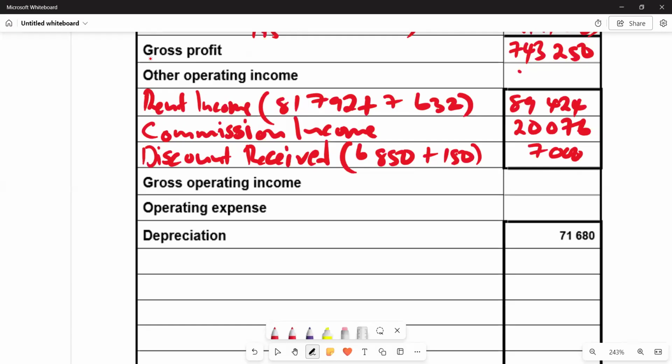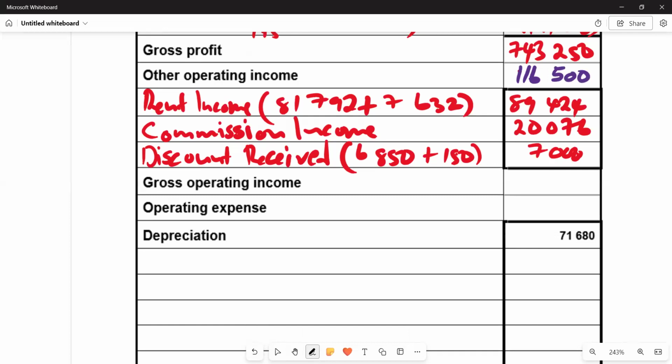Then you get your total here, which is supposed to be, let's try to add and see the total that we get there. 116,500. So this is what we have.